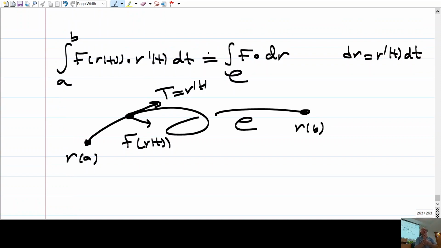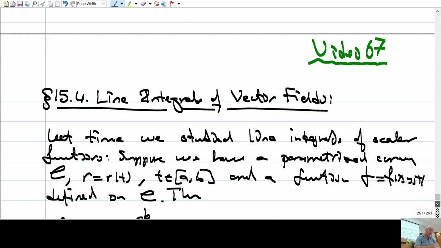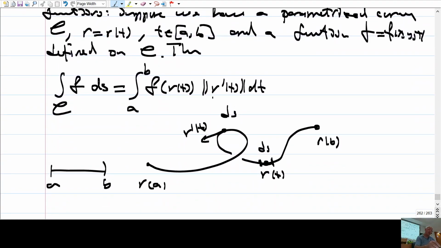So you see, this is quite different than integrals of scalar functions, right? Scalar functions were like this. You have a scalar function, and you take just the norm of the velocity vector. This is just speed.